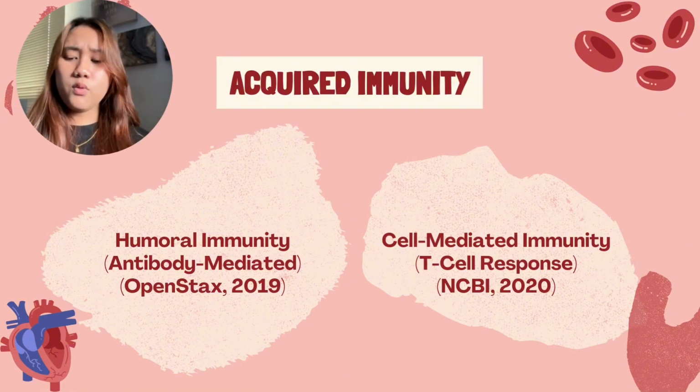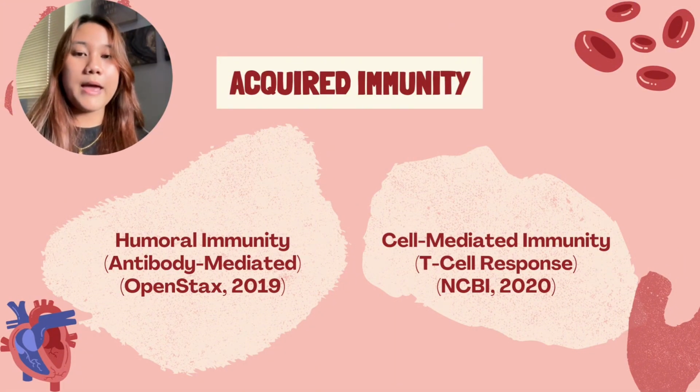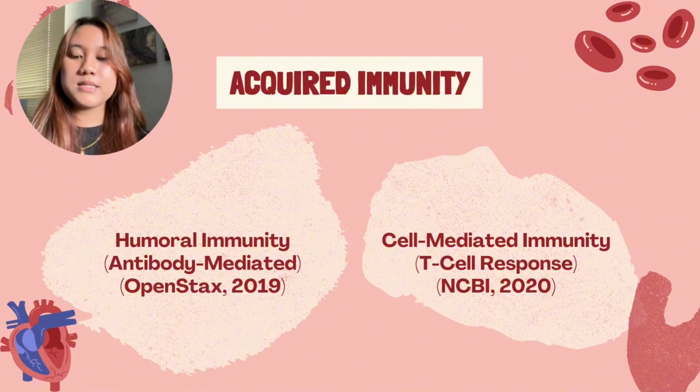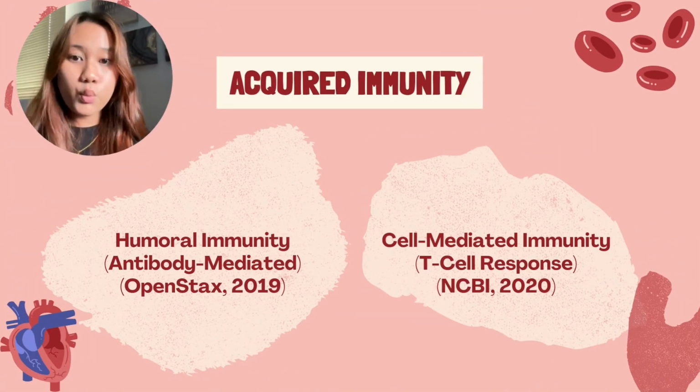In humoral immunity, B cells are activated by an antigen and divide to produce plasma cells. These plasma cells release antibodies into blood and tissue fluid to neutralize or destroy pathogens. The second one, cell-mediated immunity, which is the T cell response.